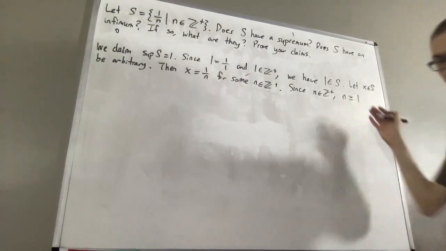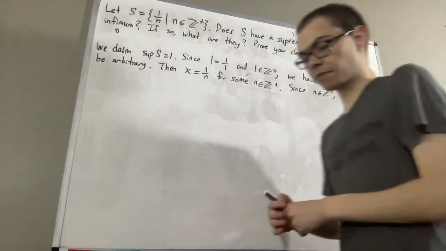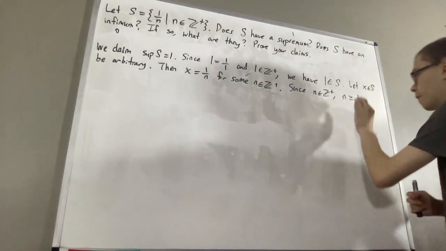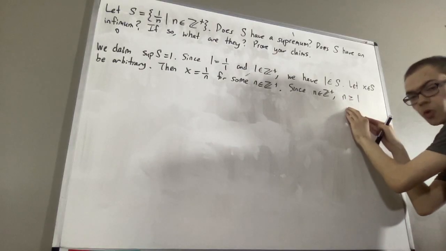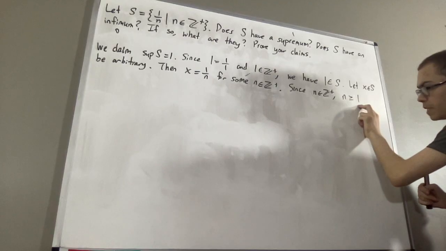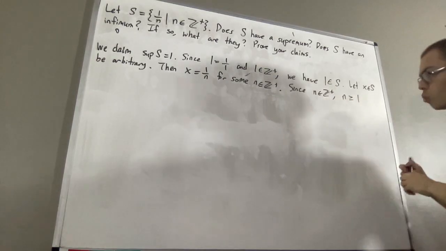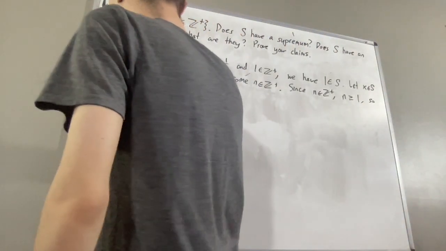Every positive integer is greater than or equal to 1. Now, there's a property about positive numbers that tells us if we have two positive numbers in an inequality, if we take the reciprocal of both of them, it will flip the sign of the inequality. So, taking the reciprocal of these, we get 1 over n is less than or equal to 1.